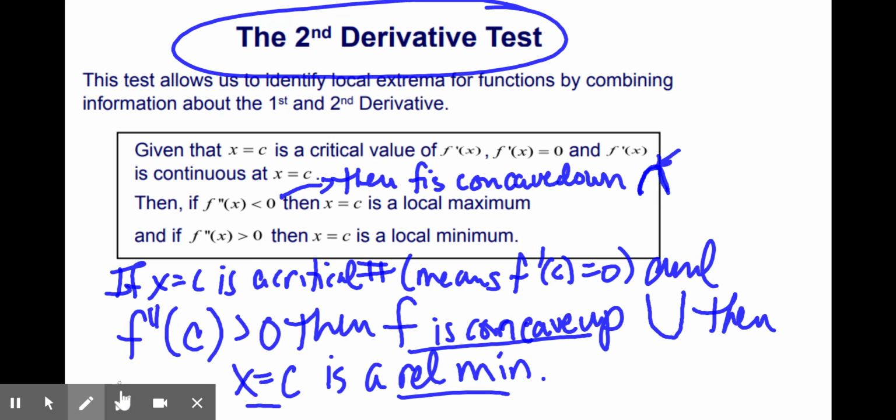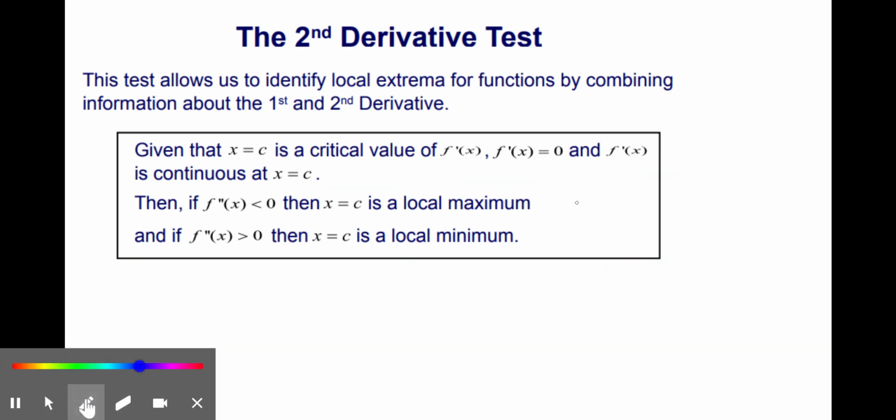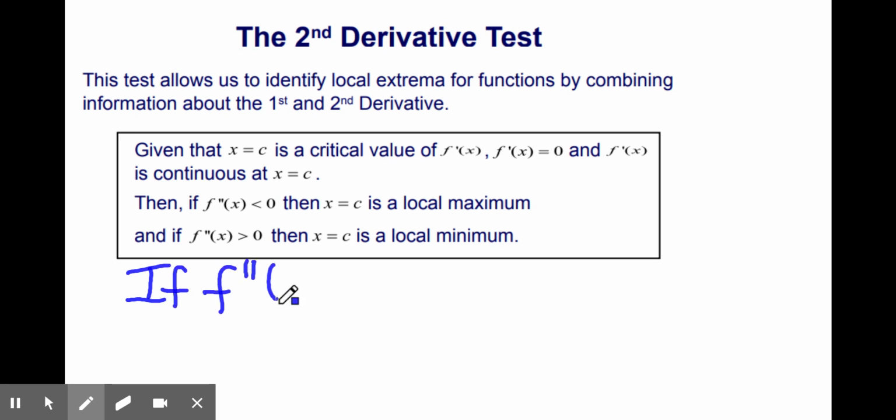Now, there is one extra thing that we need to add on here quickly. This is the problem with the second derivative test, and one of the reasons why I don't show it to you until the very end of the chapter. If the second derivative at x equals c is equal to 0, because if it's less than 0, then f is concave down, and if it's greater than 0, then f is concave up.